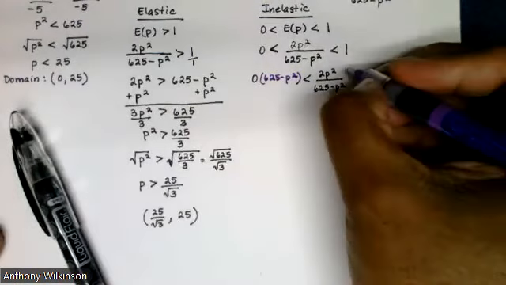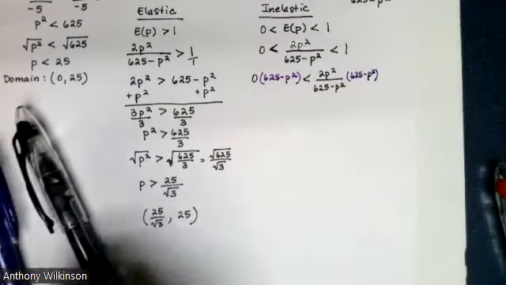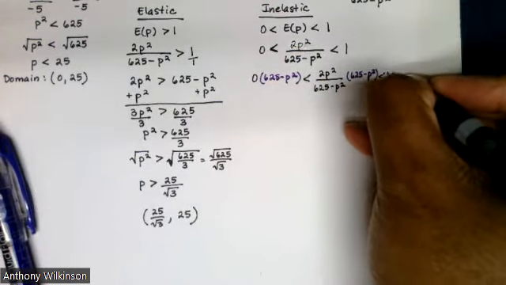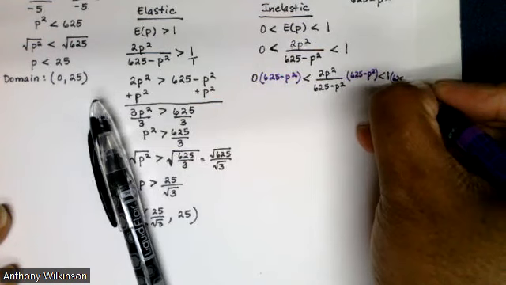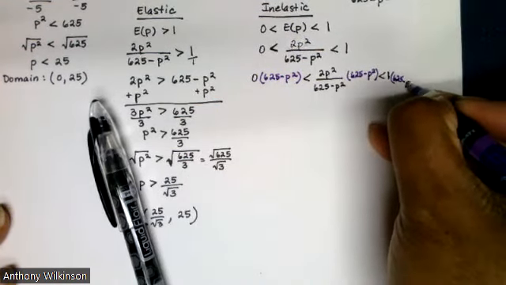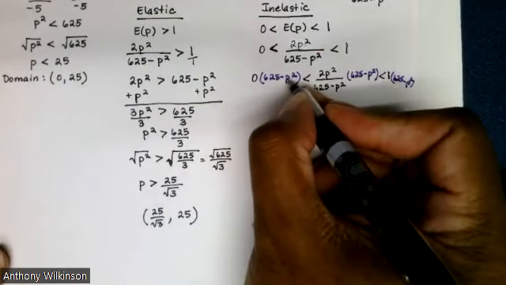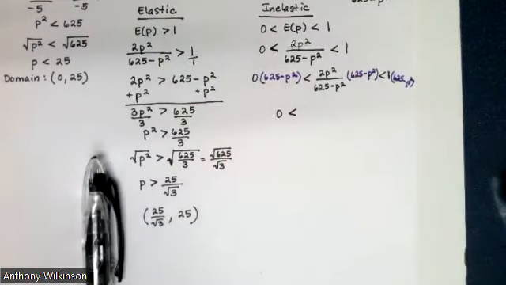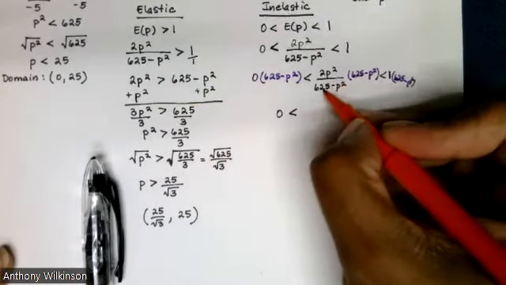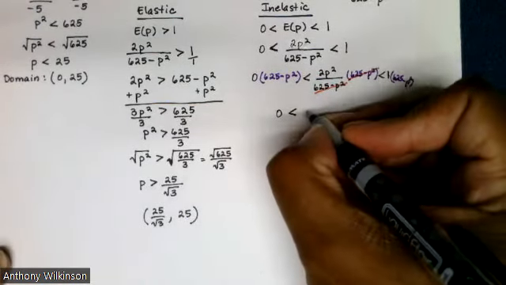That would be multiplied by 625 minus P squared. And then less than 1 times, and I'm running out of space here, 625 minus P squared. Okay. Now, when I do that, this right here, that 625 minus P squared times 0 is 0. Less than, and in this case, these 625 minus P squared, they divide out. You'll be left with this 2P squared in the middle.